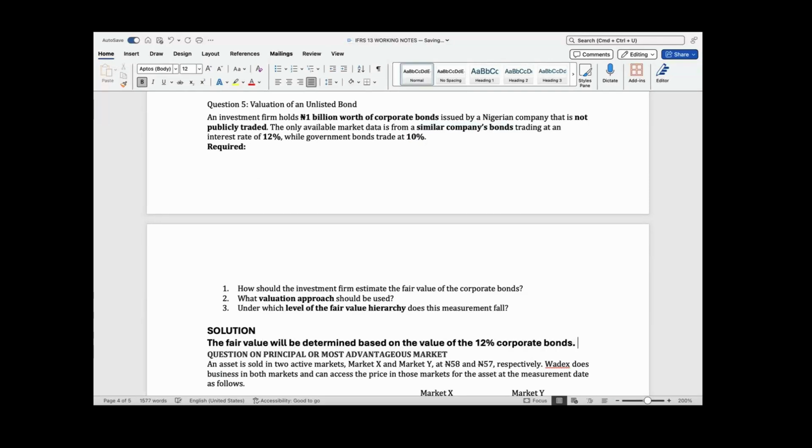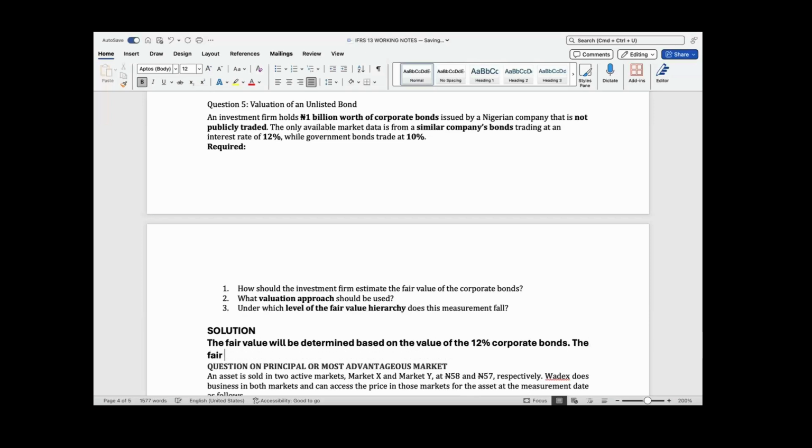The fair value of that bond will represent the fair value of the investment firm's bond.